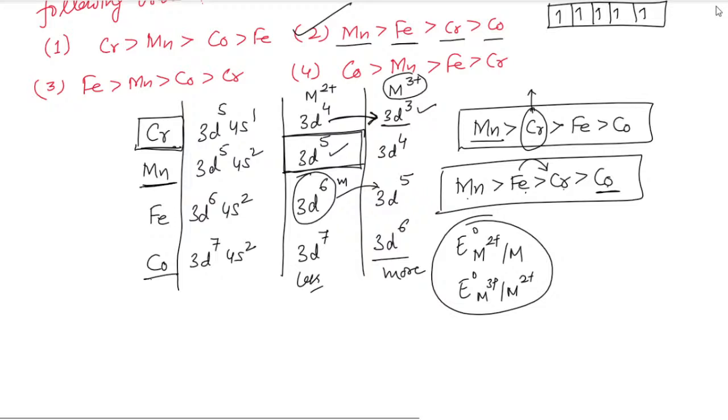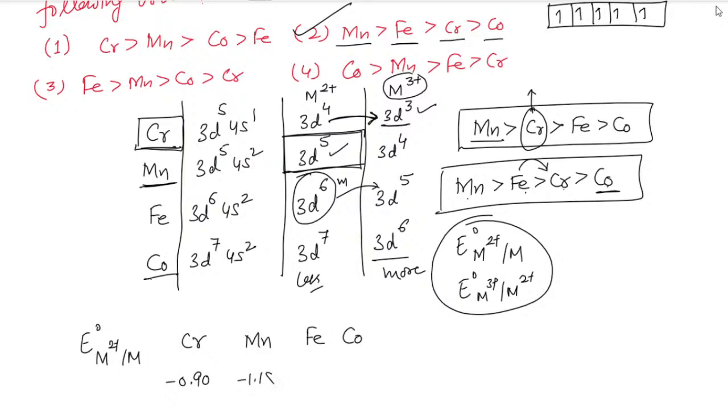According to data, the E naught value of M2+ to M for chromium, manganese, iron and cobalt is minus 0.9, minus 1.18, minus 0.44 and minus 0.28.